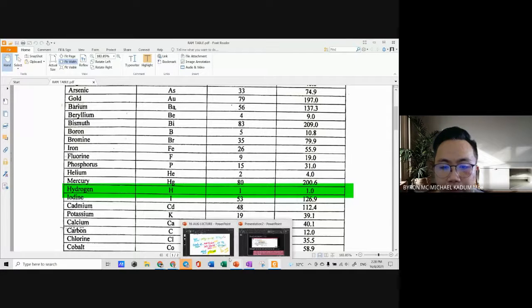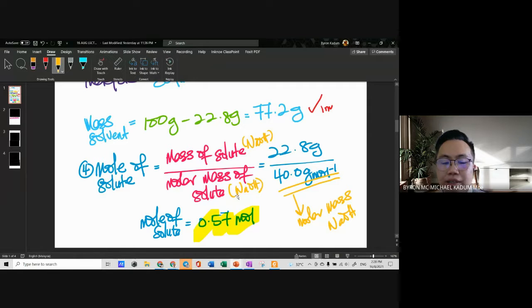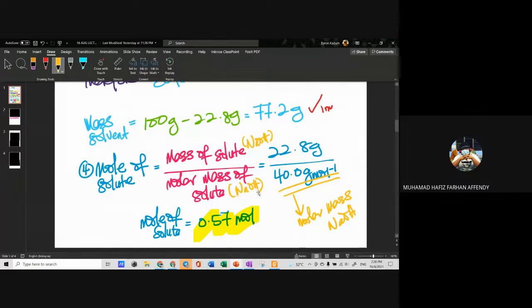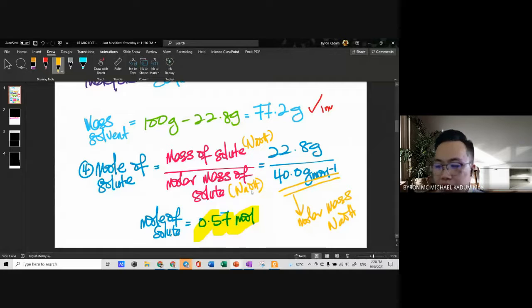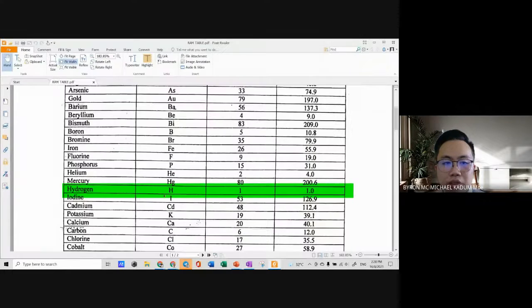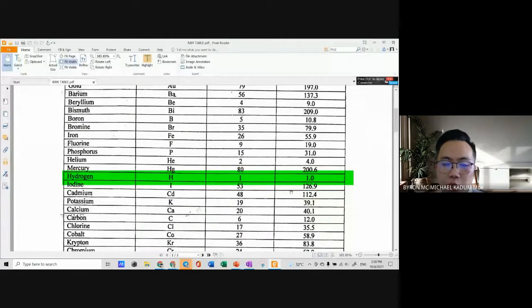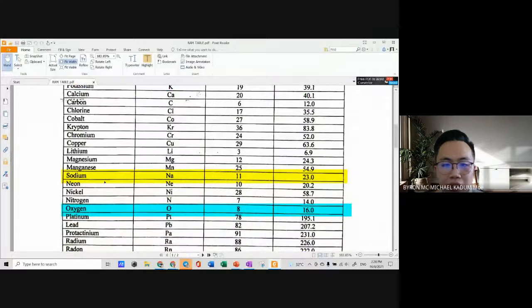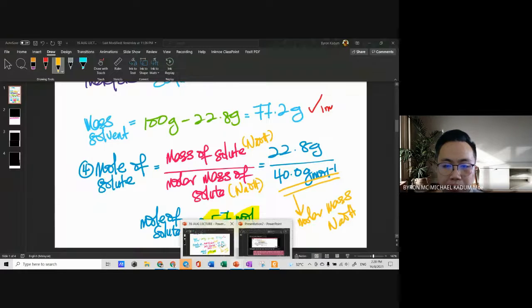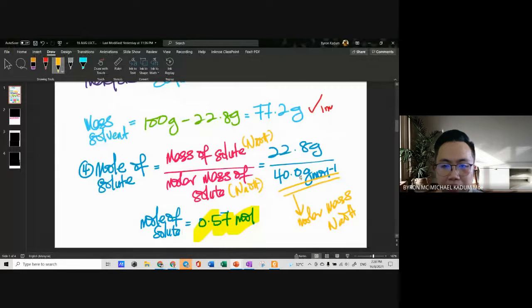So kita ambil what do we need just now? We have NaOH, sodium, oxygen, hydrogen. So we're gonna put hydrogen, you have 1, and then sodium over here, you have 23, oxygen is 16. So when you add them together, you get your molar mass.